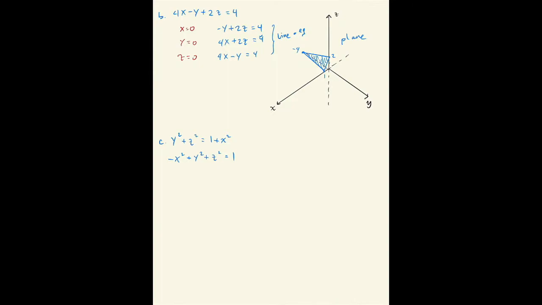If you want to trace all the vertical and horizontal traces, you can use x0, y0, and z0.